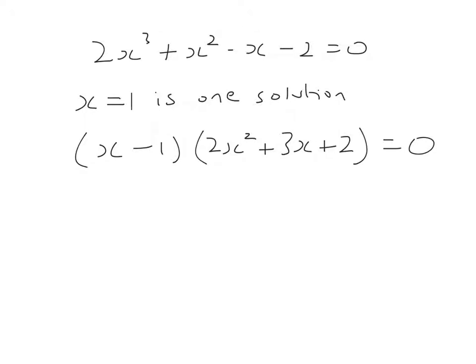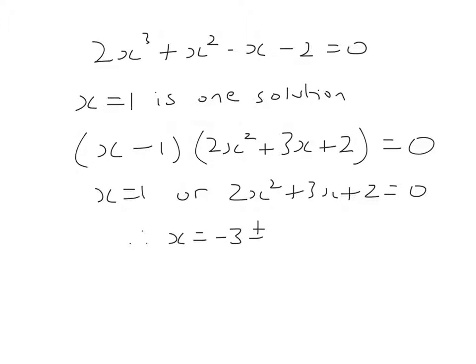So now I know that x equals 1, well I knew that anyway, or I know that 2x squared plus 3x plus 2 equals 0. Try factorising, you'll see it doesn't factorise. So x equals minus b plus or minus the square root of b squared minus 4ac all over 2a.